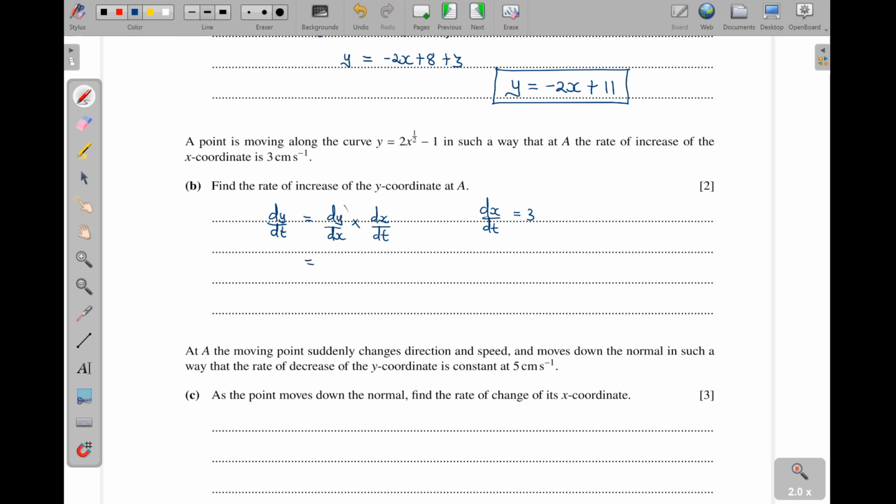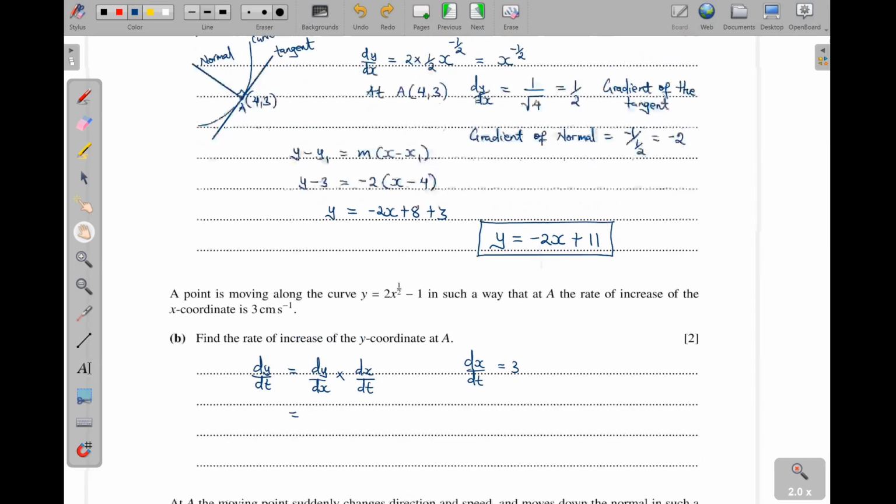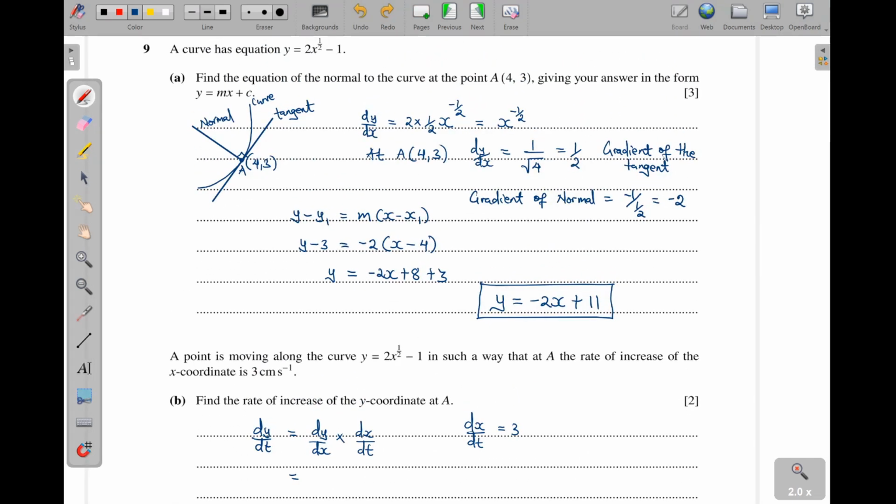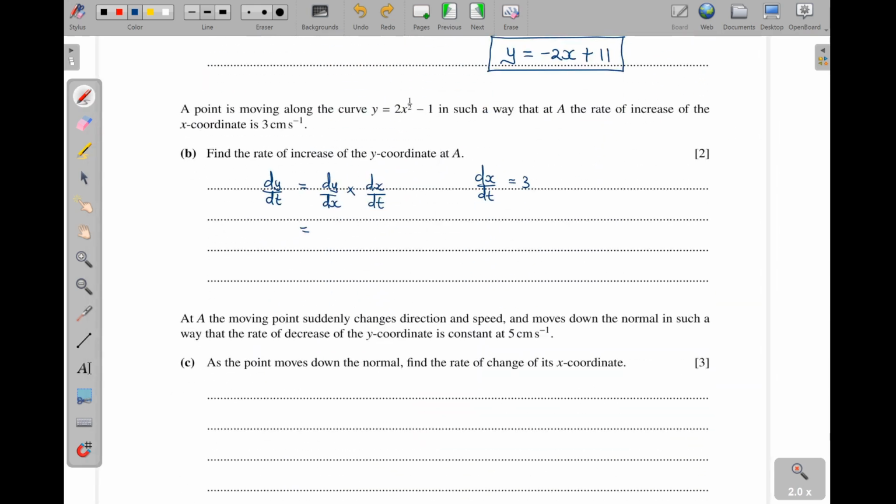Now, we need to find the value of dy/dx at point A. But at point A, we found dy/dx, which is a half, remember? So I will put this a half here, then times this 3 here, meaning our answer is going to be 1.5 or 3 over 2.